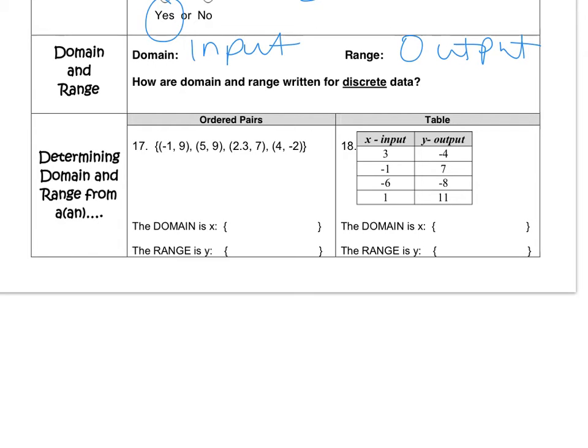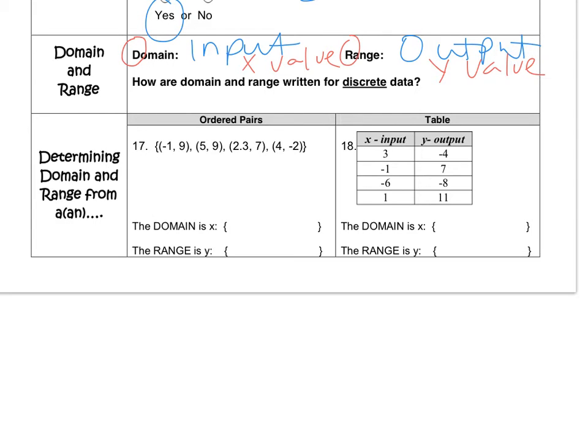Or you might know it as domain is your X value, and range is your Y value. Sometimes, to help people remember it, I just say, look, it's in alphabetical order. D comes before R, X comes before Y. If you put them in alphabetical order, they'll always be in the right place.